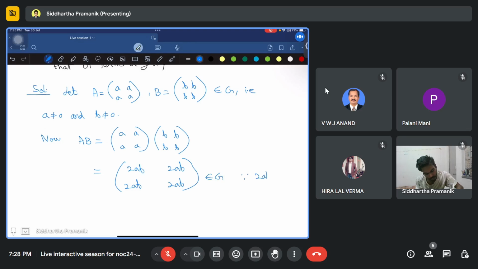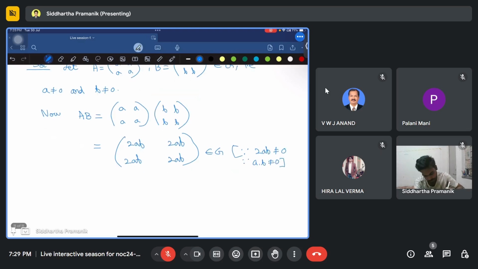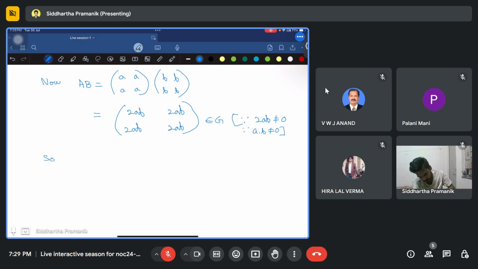Because 2ab is non-zero, as a and b both are non-zero. So G is closed under matrix multiplication.